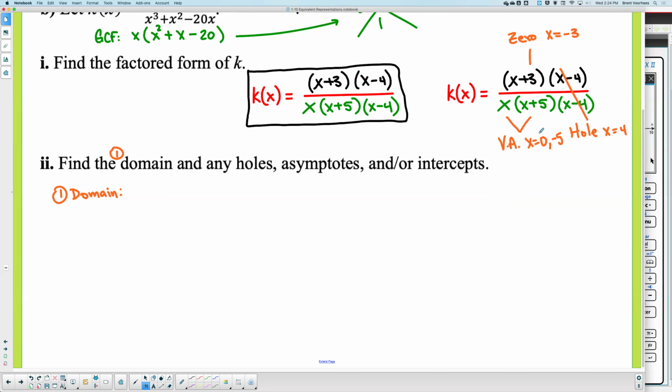So where do I have zeros? 0, -5, and 4. I'm going to go numerical order. I'm going to say x cannot be -5, 0, or +4. What value of x can the graph go through? Anything else. X is all reals other than those values.